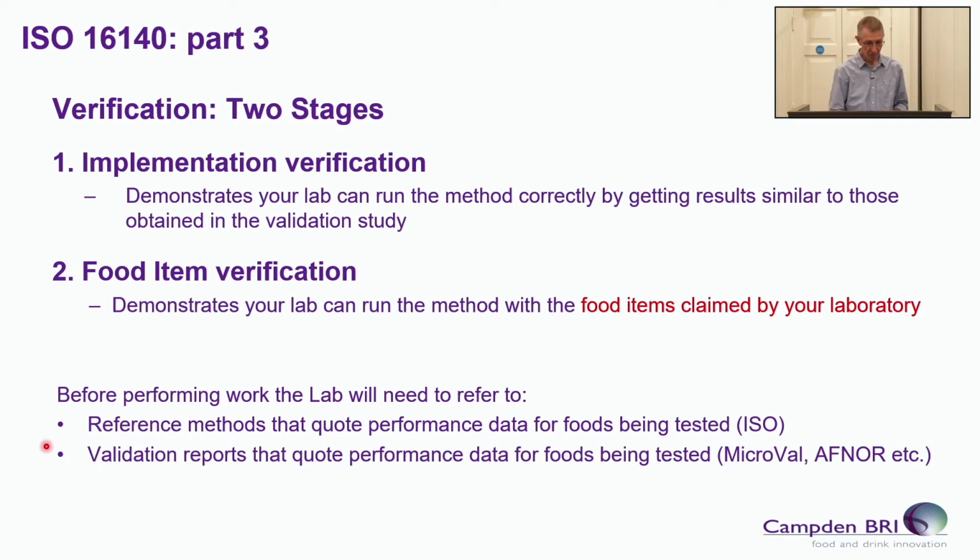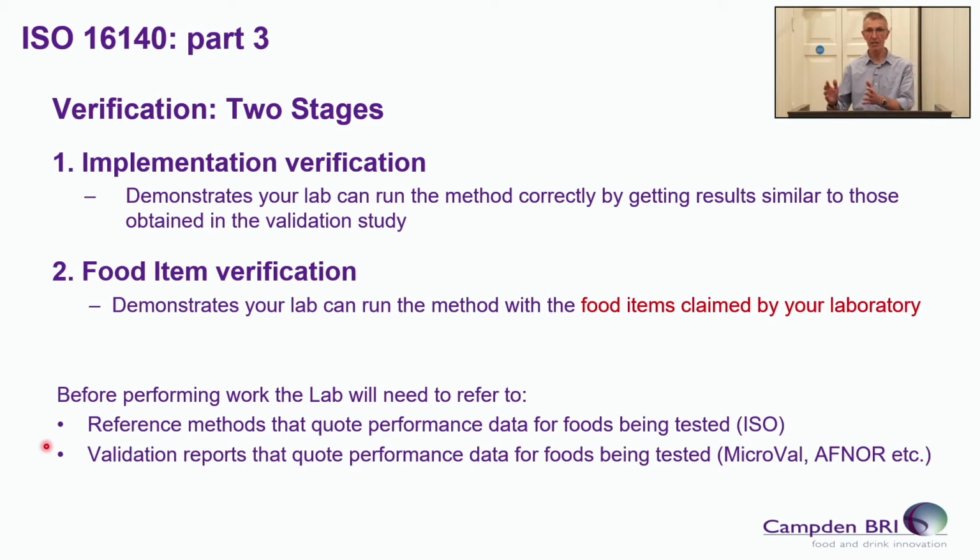So before performing the work, before performing these two types of verification, what does the lab need to do? You need to be able to refer, first of all, to either reference methods that quote performance data for the foods that you're going to test. Now, if you start to look at the newly published ISO standards, and they're being republished as time goes on, the newer ones, when you go to the back, will have a section on performance data.